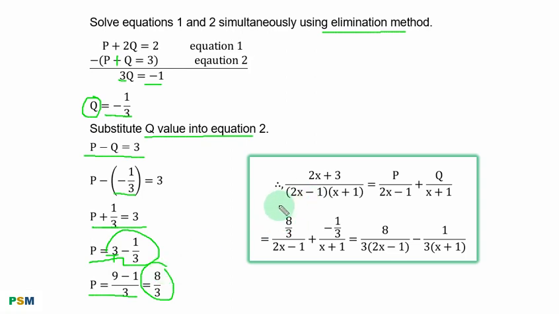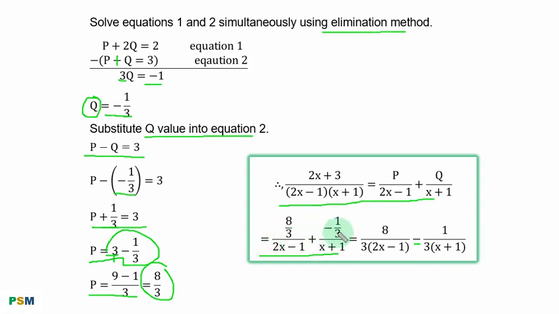Therefore, you write the compound fraction that is equal to the partial fractions, and you replace P and Q with what they stand for. Plus minus becomes minus.